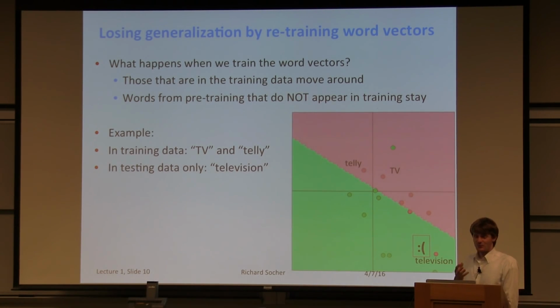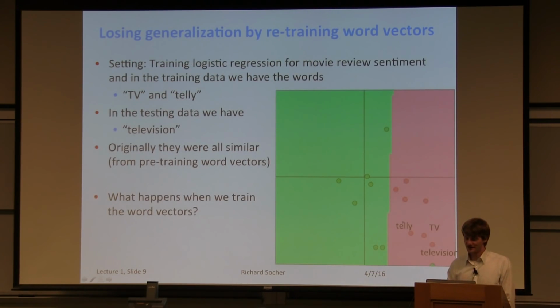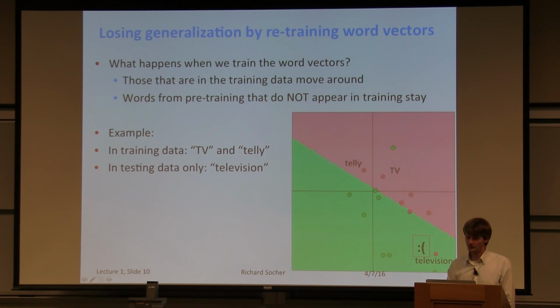And the words that we also had pre-trained word vectors for, but that did not appear in our new supervised training corpus, they will stay where they are. So TV and telly might all of a sudden move over here because we keep projecting into them, you're negative. We're going to try to make it easier for the model to predict that you're negative. And maybe it'll be easier for the model to push them all into one specific area of the high-dimensional vector space to create a very simple decision boundary.